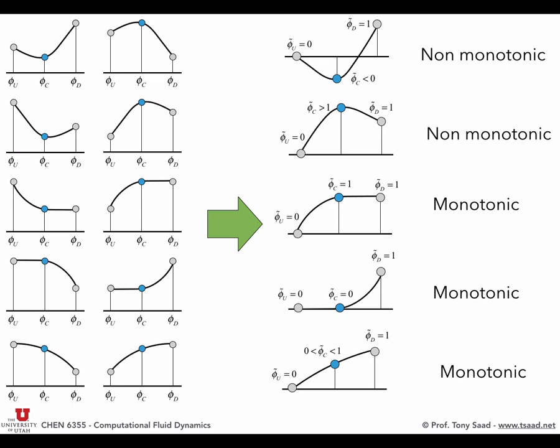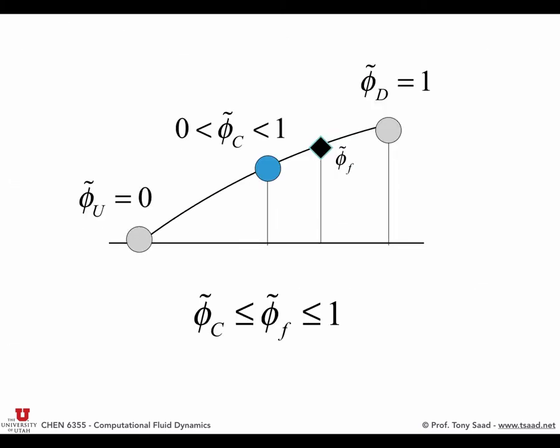That makes sense, because if you don't want to create a new minimum or a new maximum, the value at the face cannot be less or greater than the values that straddle the face. Otherwise, you're creating a new minimum or a new maximum. So keep that in mind.